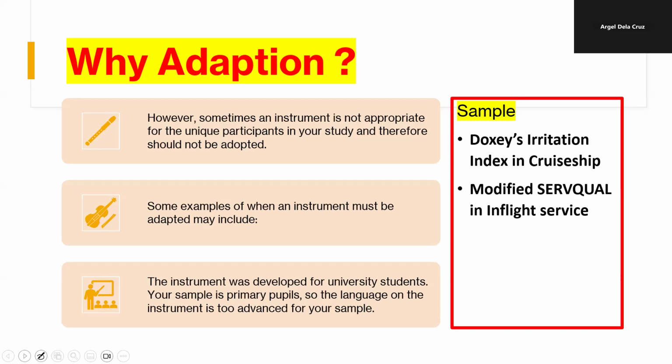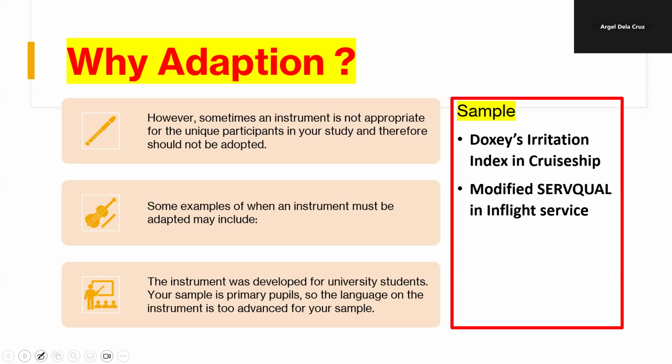For example, I cannot apply, or I'm not so sure if I could apply the Doxey Irritation Index for a cruise ship because a cruise ship has its own dimension, which is different from a regular tourist destination or tourist attraction site. In cruise ships, the dynamics are that the residents or the guests there are temporary.